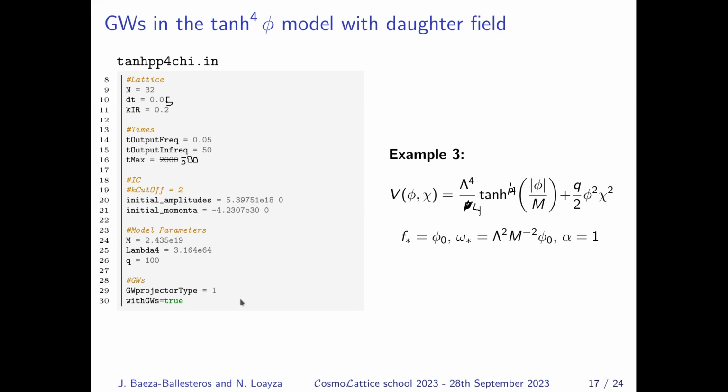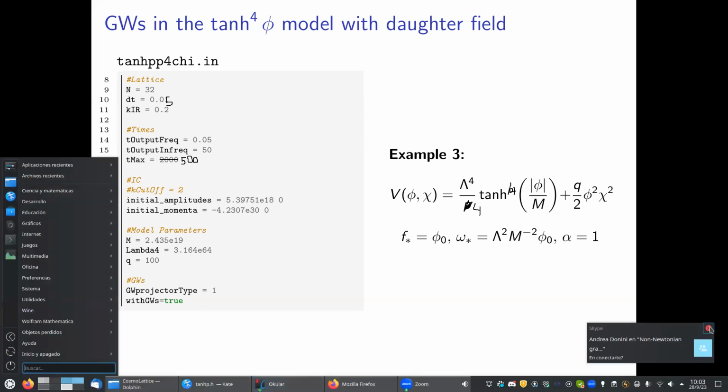Let me explain. I just want to make clear that we are not simulating gravity. We are simulating the linearized gravity in some sense. What we are not simulating is the back reaction of gravitational degrees of freedom into the matter field dynamics, okay? Because typically the gravitational degrees of freedom, which are gravitational waves, are very, very small perturbations, and their back reaction is negligible into the matter fields, okay?